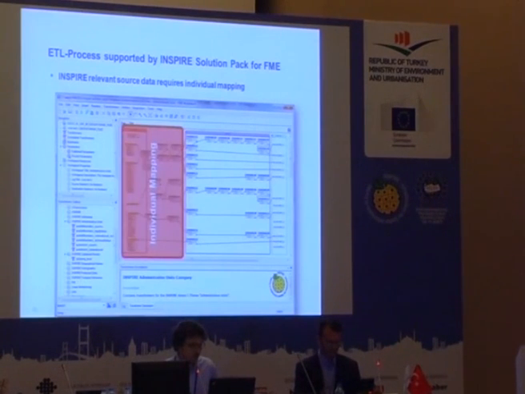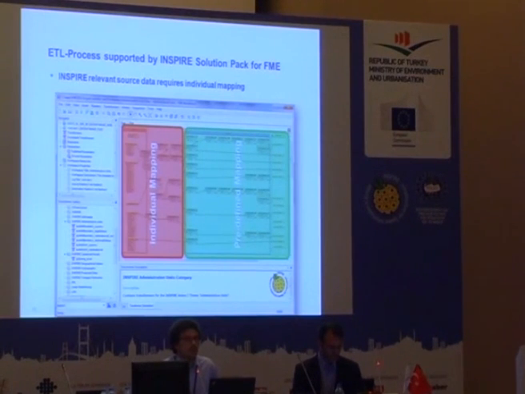So that means a part of the mapping still has to be done individually, so it has to of course cover all the individual specialities of your source data. But there's already a big part of the work done, where you only have to fill out like a form where the transformers already ask you all the questions, and you put in the right information and then you start.